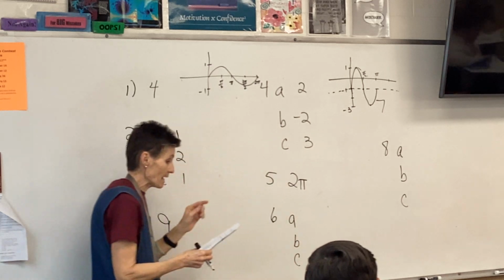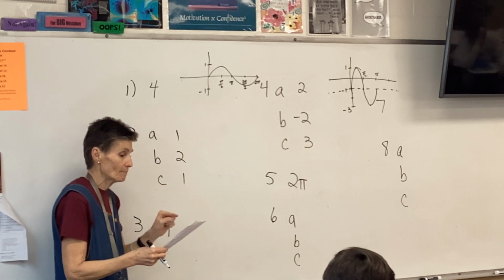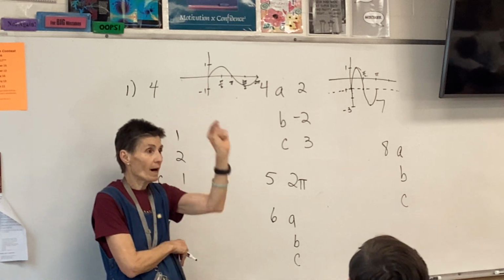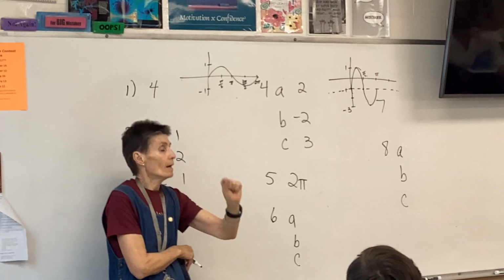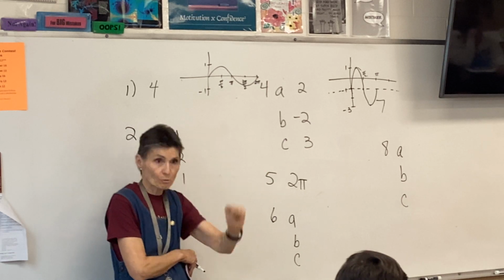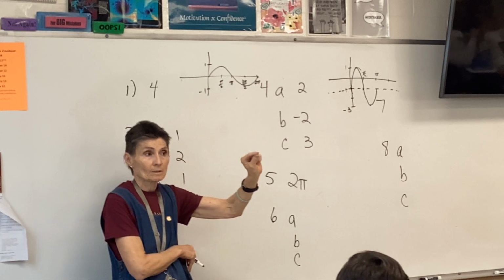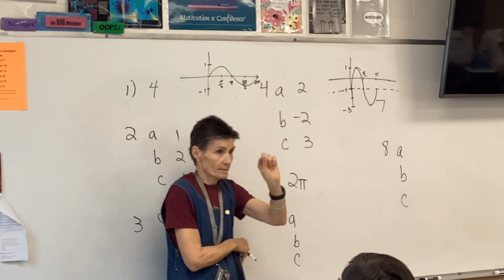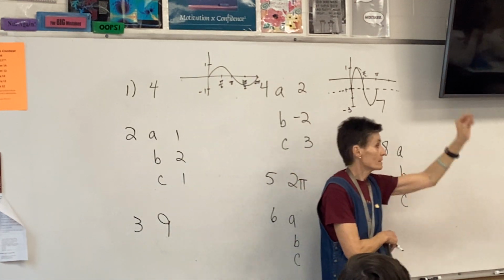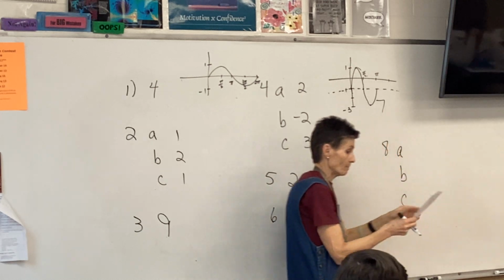That means that every 2 pi, that thing will repeat itself. Pi for a hill, another pi for a valley. Put it all together, 2 pi. So, 0 to 2 pi, to 4 pi, to 6 pi, and so on.